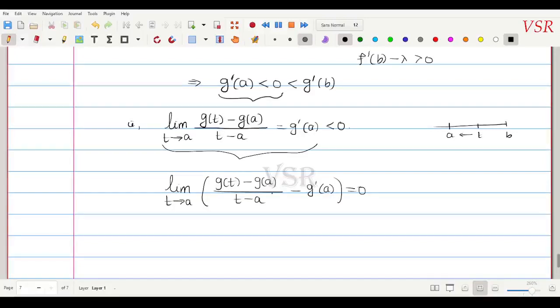இது நமக்கு தெரியும். அண்ட் நமக்கு கொடுத்துருக்க ஒரே ட்ரம் கார்டு வந்து g dash of a நெகட்டிவ், அது மட்டும் தான் வச்சிருக்காங்க. சரி, அப்போ இதுக்குள்ள ஃபார்முலா எழுதுறேன்.